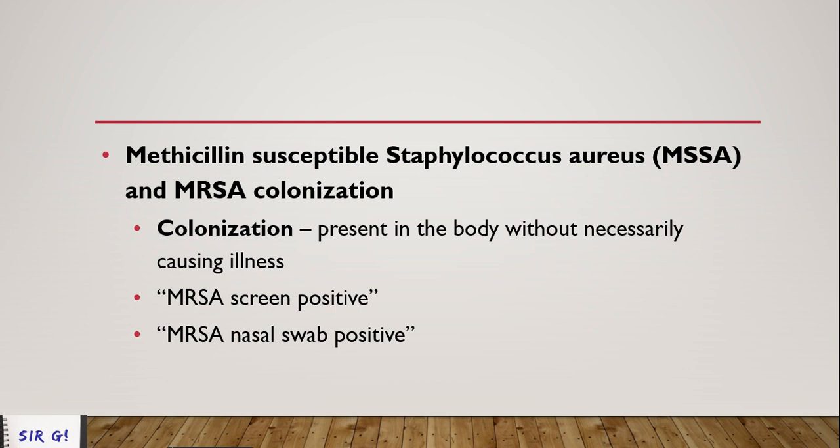So I'm not sure yet with those guidelines or theories. Okay, so methicillin susceptible, you may have the bacteria, but that bacteria doesn't cause any illness to the patient. Okay, so that is what we call susceptible or colonization.